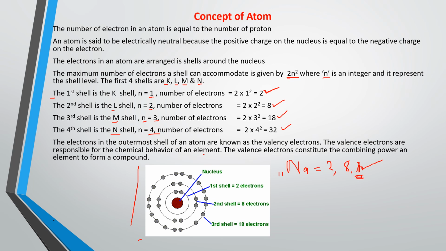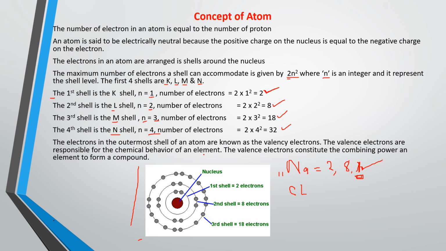And these valence electrons are the combining power that an element has to form a compound with another element. Which means that if sodium is reacting with chlorine to form sodium chloride, it is the outermost electron that will combine with the outermost electron of chlorine.